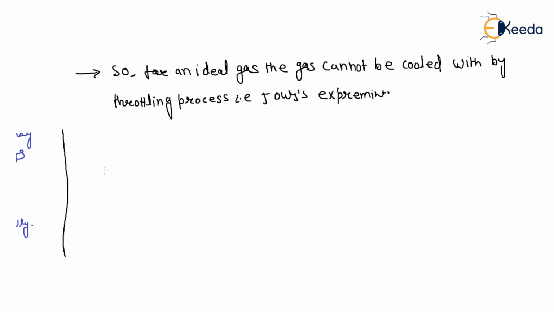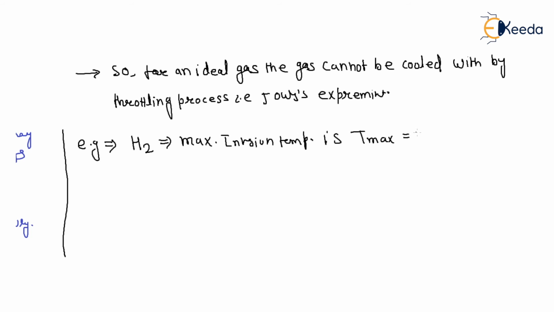Now, why is it done? For example, hydrogen H2. The maximum inversion temperature is T max, 204 Kelvin. So it is obviously below the room temperature, right?